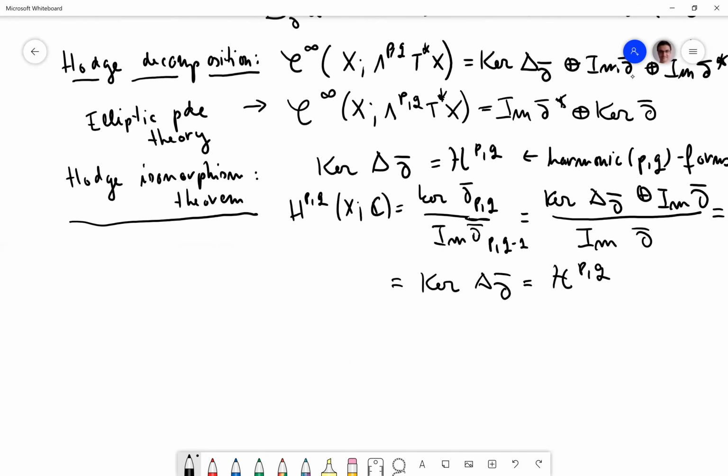So when you look at the Dolbeault cohomology groups H^{p,q}(X,C), you can write that quotient directly as a concrete vector space of harmonic (p,q) forms.